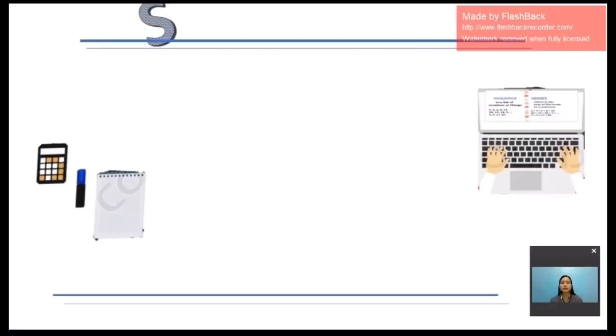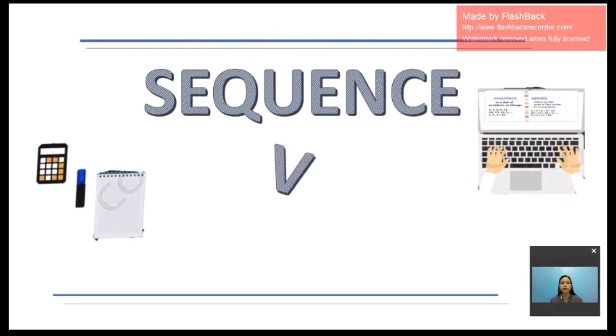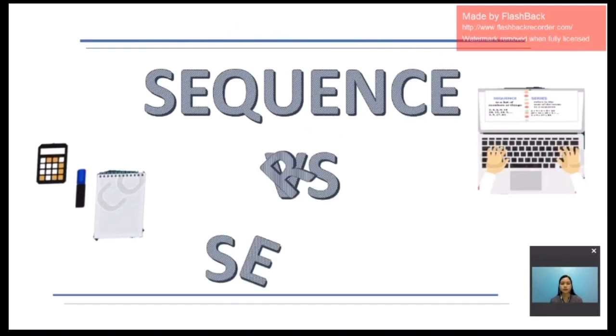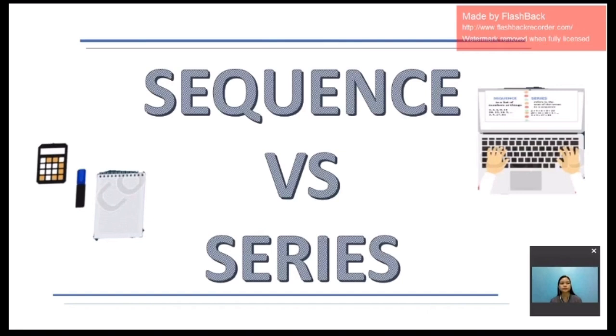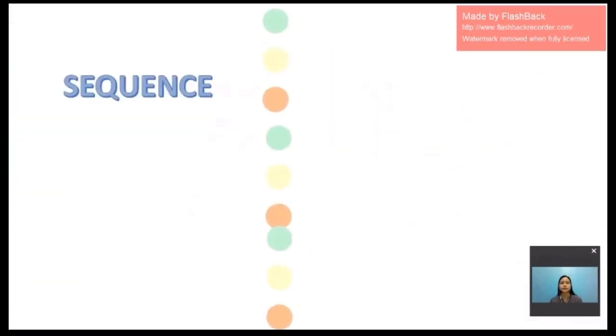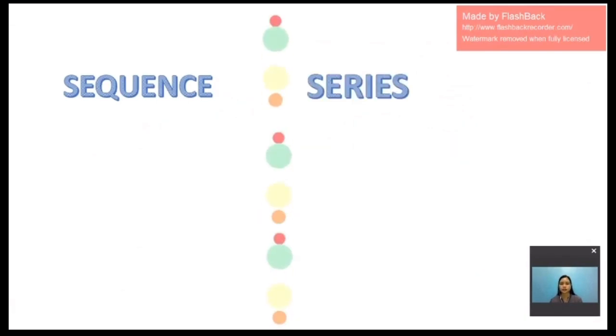Now let us first differentiate a sequence from a series. I know that you have already discussed sequence, and I know that you are thinking already about the difference between the two. So what is the difference between a sequence and a series?